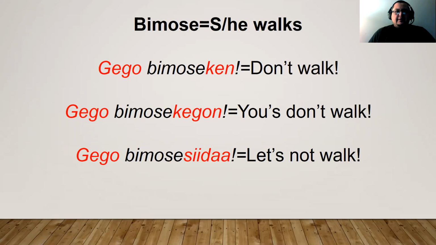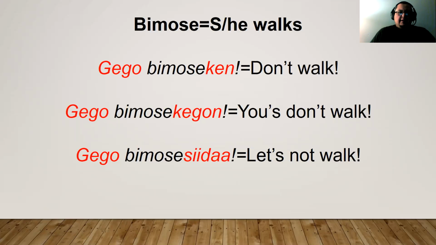All right, so here we go, moving on. I think this is our last one, our fifth one. We have Bimose as our verb, he walks. Bimosein was to command one person. To negate that, we have Gego Bimosekain. Don't walk. Our next one is Gego Bimosekegon.